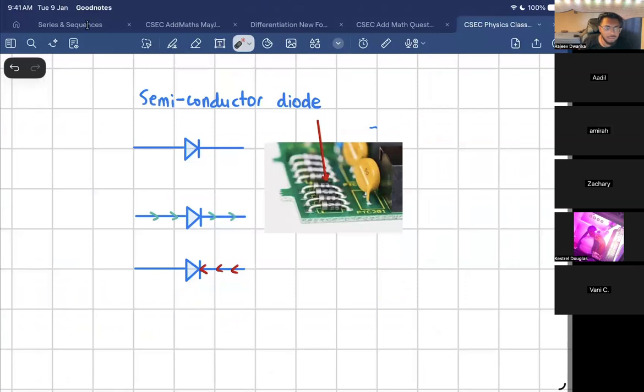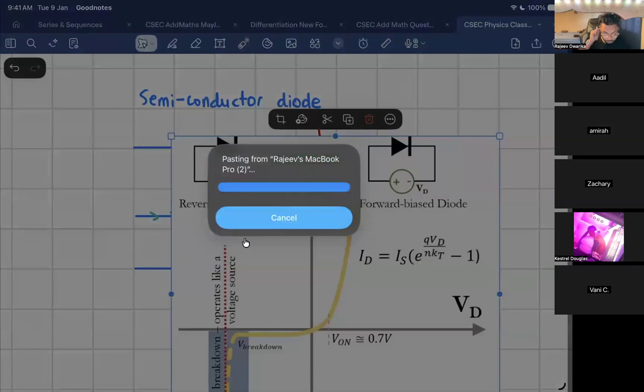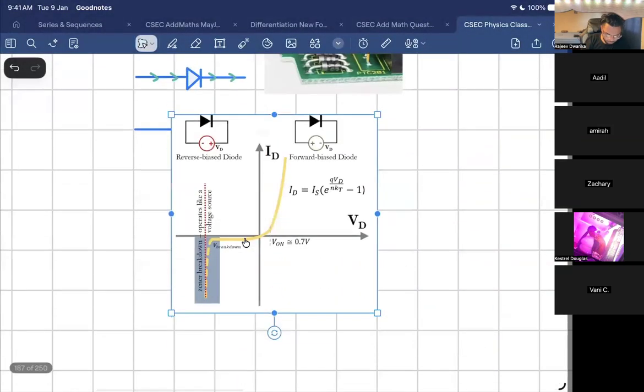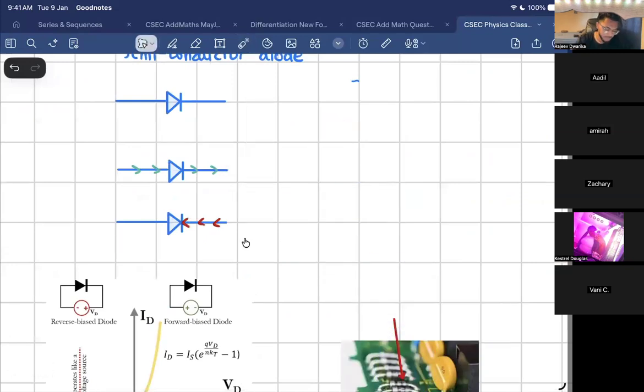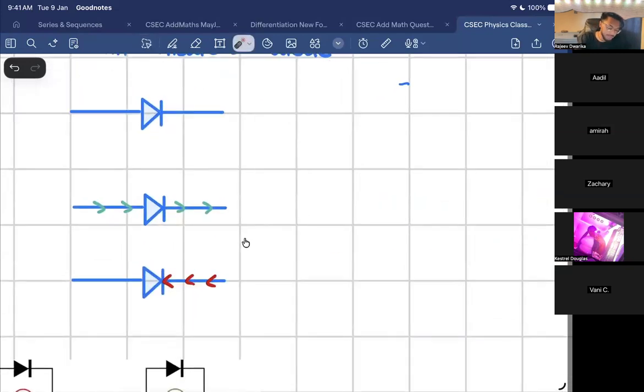So let me show you the IV characteristics. Looking for a simplified one. Right, so let me explain something. In this configuration, is current passing through the diode?